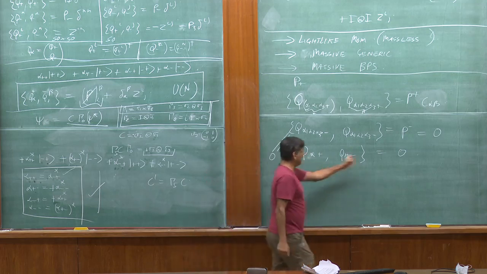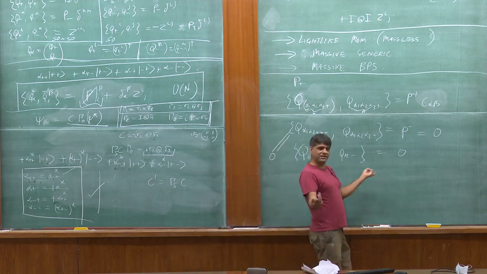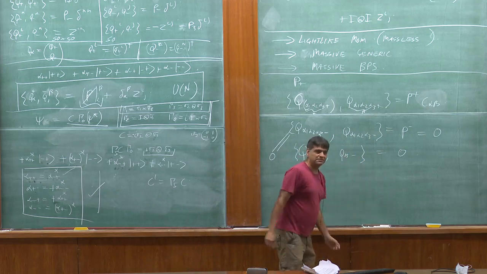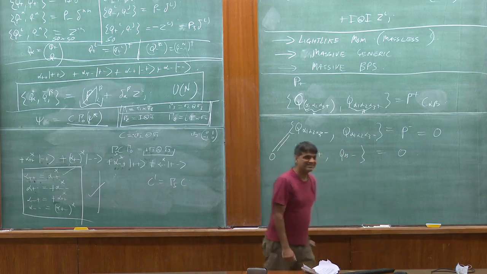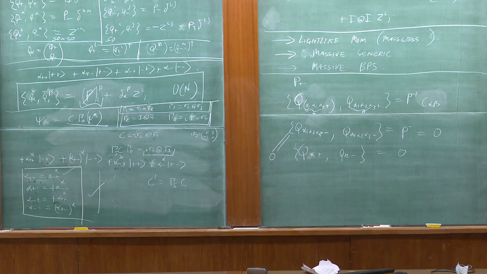And therefore, this part of the algebra will be trivial, because one term here is 0. You are saying because Q minus doesn't mix with anyone and it's positive definite, so every component should be 0. Exactly. We can make linear combinations here. So we take a Q minus and its dagger anti-commutator is 0. Because the dagger of every Q minus is a Q minus. Yeah. Okay? So we can choose any Q minus, choose its dagger, that anti-commutator is 0.